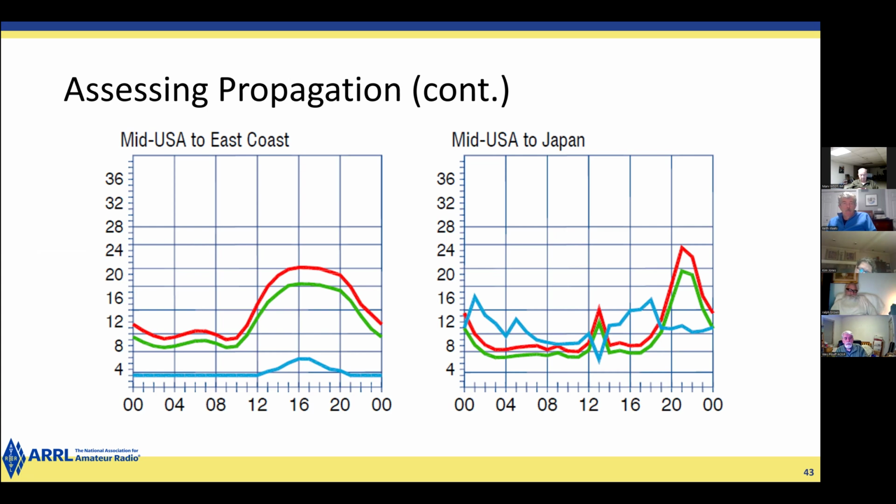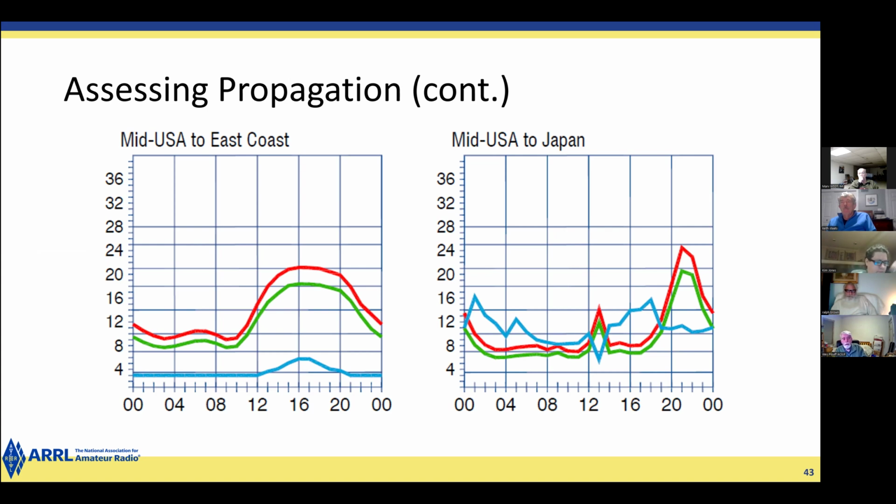And the scale on the left is frequencies in megahertz, but the lines going across indicate where the ham bands are. So if you notice, the highest horizontal line is at 28 megahertz. Below that at 24, 21, 17, 14. So those horizontal lines are the ham bands.